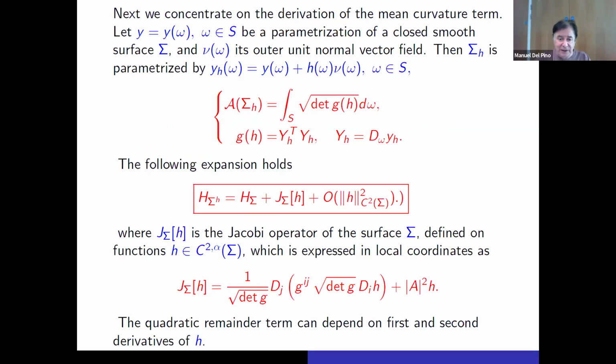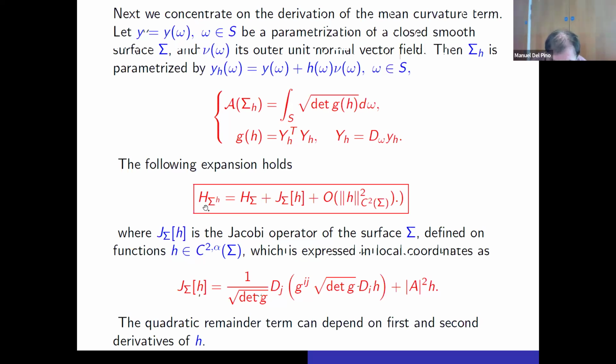Now, I will be slightly finer concerning the expansion of the mean curvature part of the operator. I will quickly go to the actual result. These are relatively standard expansions.